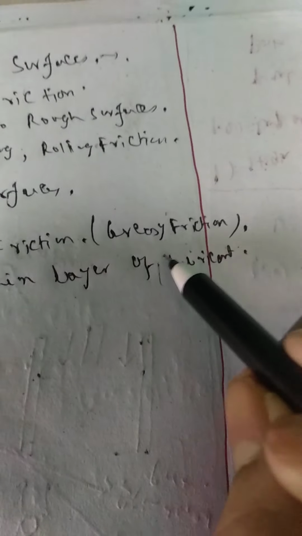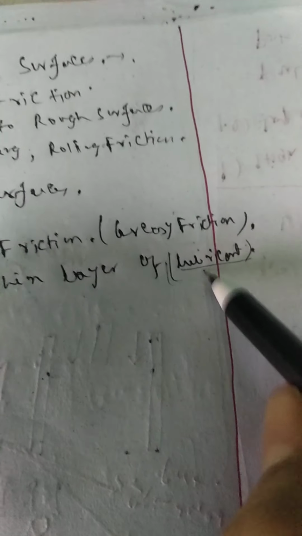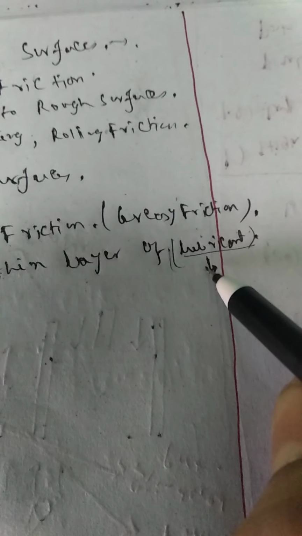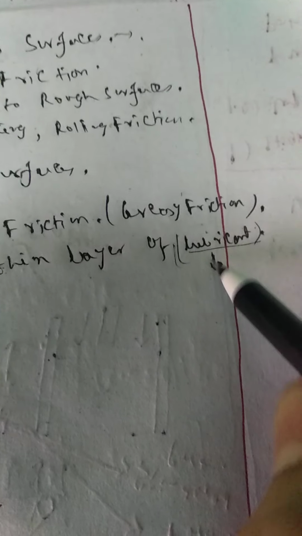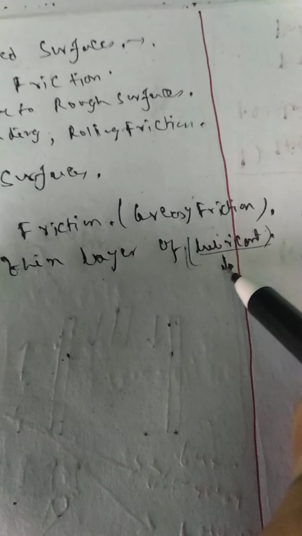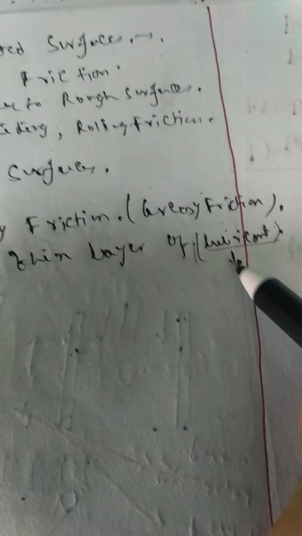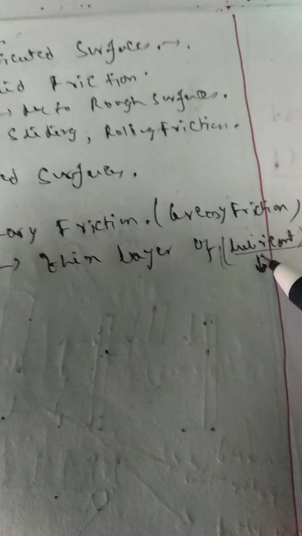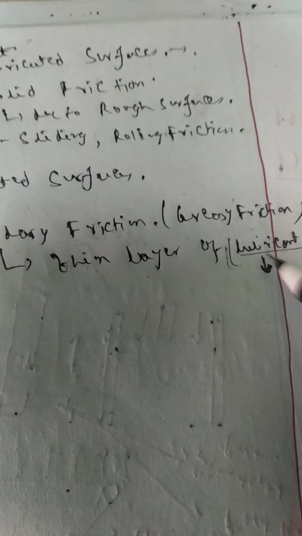I hope you know what a lubricant is. Oil can be said to be a lubricant. When we apply oil to machine parts, when they make noise, the oil acts as a lubricant and reduces the frictional force.